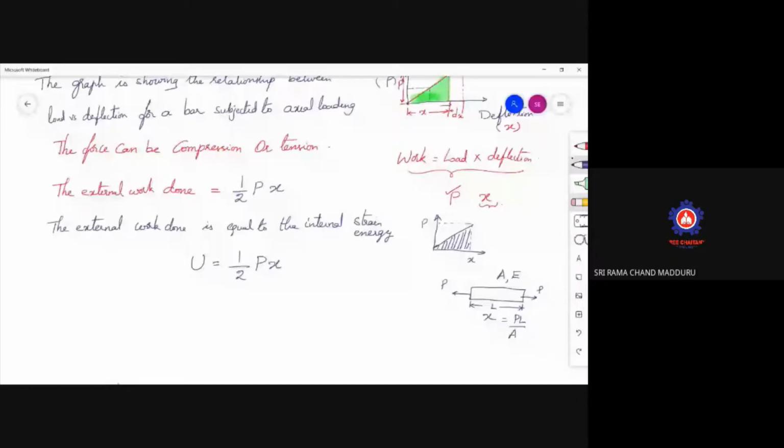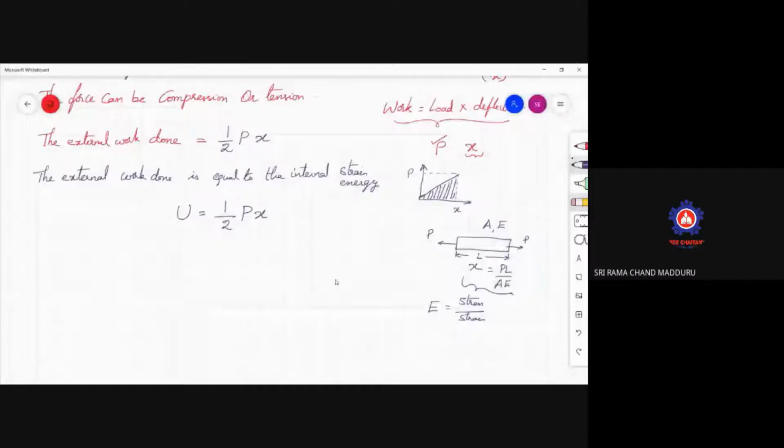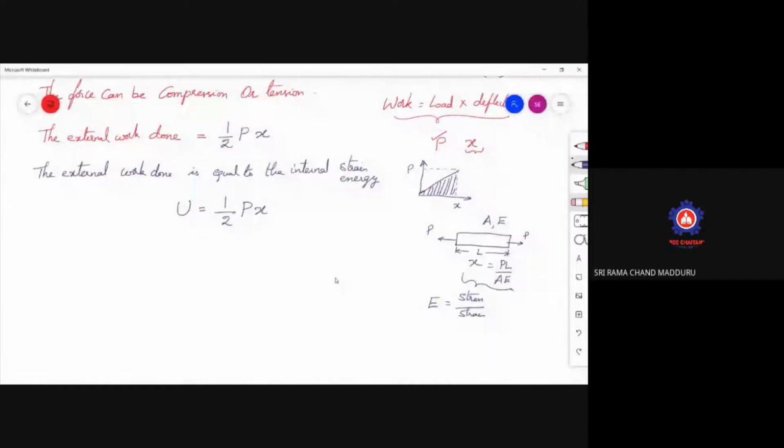Do you remember this or not? So we know that stress is nothing but load by area. Strain is nothing but change in length by the original length. So E is P into L by x into A. I want the x value, so x is PL by AE.